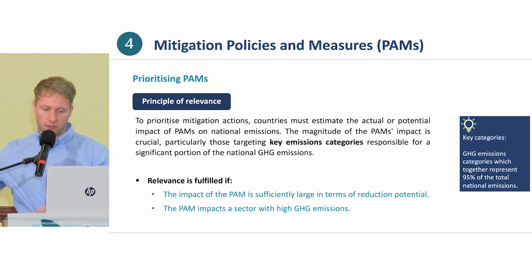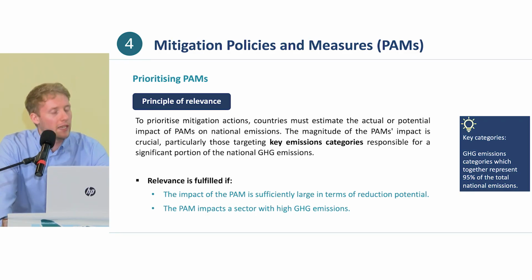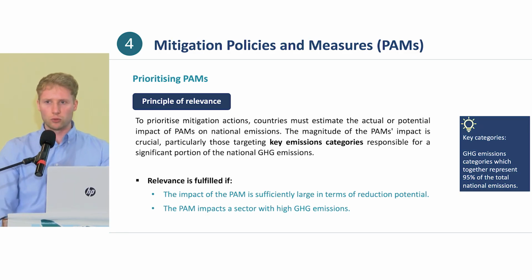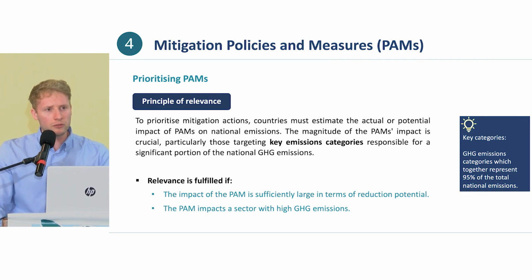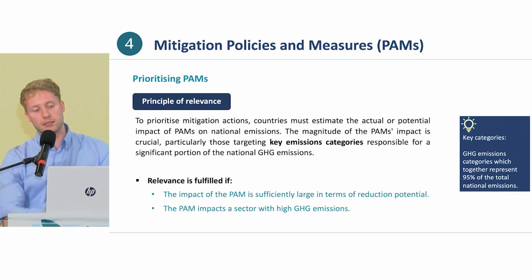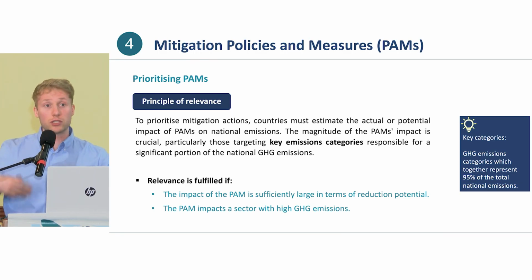Landfills also have environmental damages that are not related to greenhouse gas, but if we only look at that, maybe we don't have many emissions in that sector, and maybe it's very costly to do so. So is that really relevant to prioritize? Or should we look at the sectors with the highest emissions and the policies and measures which, in our estimation, in our assumption, have a substantial impact, right?